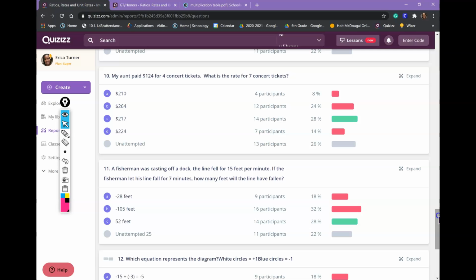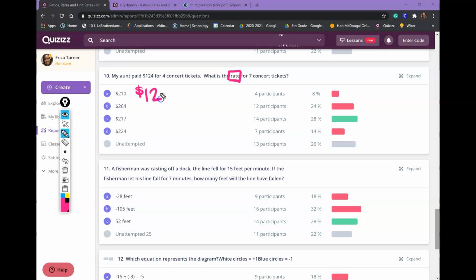Okay, number 10: my aunt paid $124 for 4 concert tickets. What was the rate for 8 concert tickets? Well, it's talking about rates, so that means I need to set up a proportion. Whenever I see the word rate, I automatically think proportion. So I need to figure out what's the price for 7 tickets.